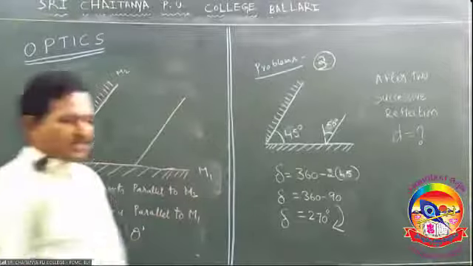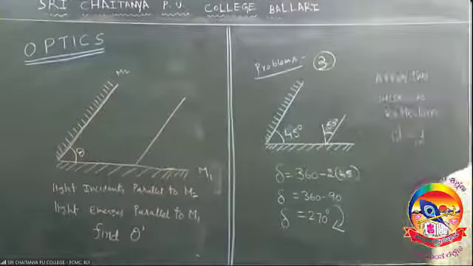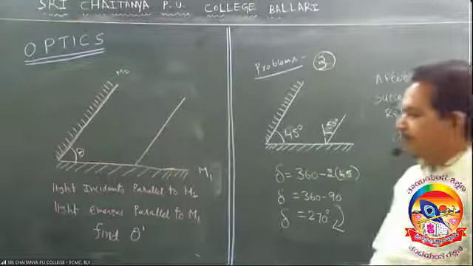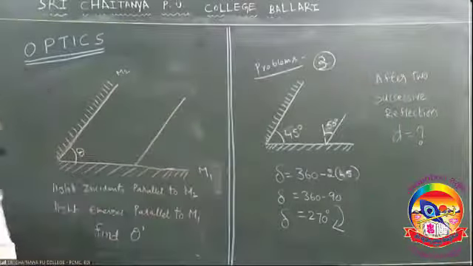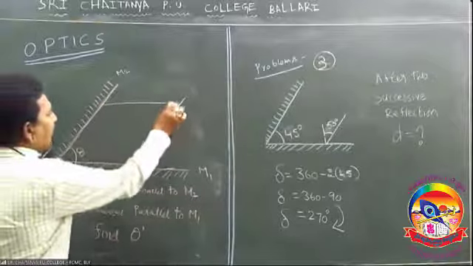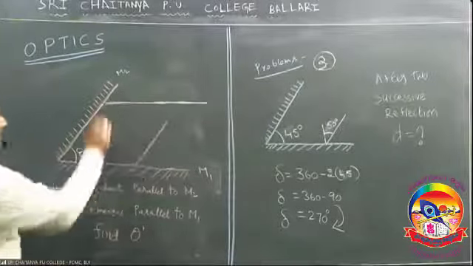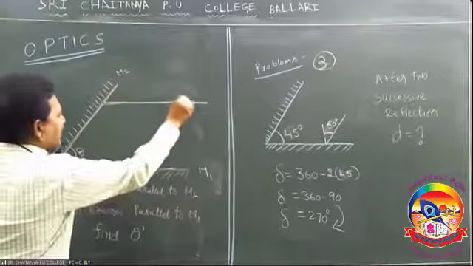What is the concept or the problem? First, the light ray is incident parallel to M2. Now, after two reflections, it will come out parallel to M1. This is the incident ray. This is the emergent ray.